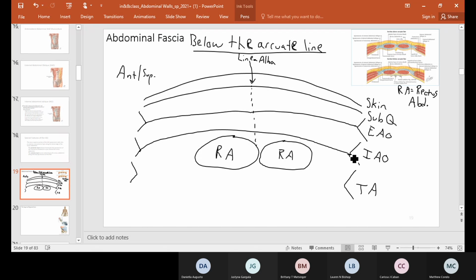So internal abdominal oblique will split above the arcuate line, and it will not split below the arcuate line. The other thing that happens here is that transverse abdominis does its thing, and it's going to stay deep to rectus abdominis.